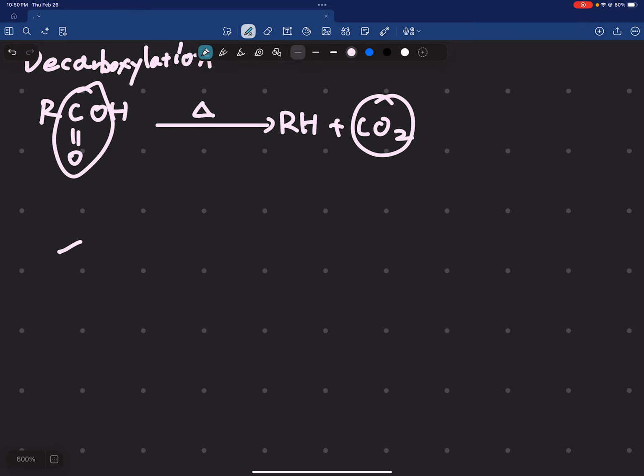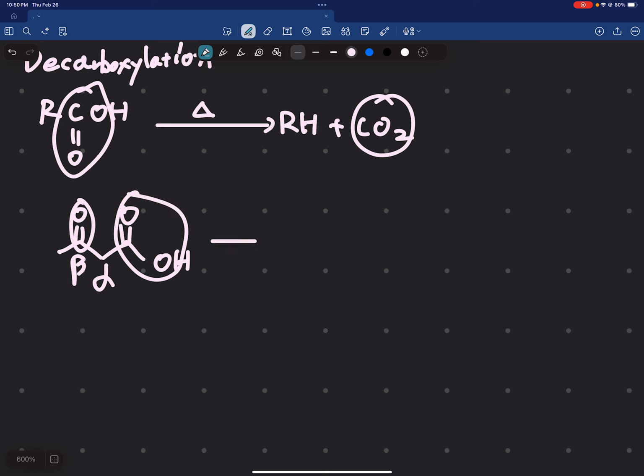So something that looks like this. So if we have a carbonyl group on the beta carbon from the carboxyl group, this is going to decarboxylate very rapidly, very readily, if we were to heat this.